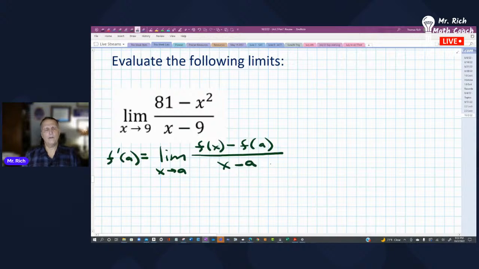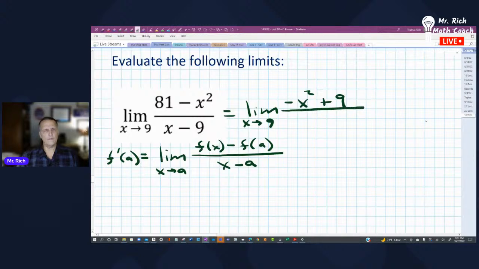Now, what do we have here? So we kind of want to match this up. Now, I'm going to rewrite this, and I'm going to swap the order right here. I'm going to call this the limit as x approaches 9 of a negative x squared plus 81, and then this is x minus 9 right here.